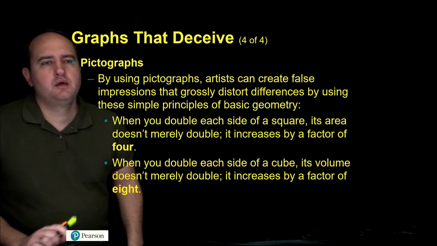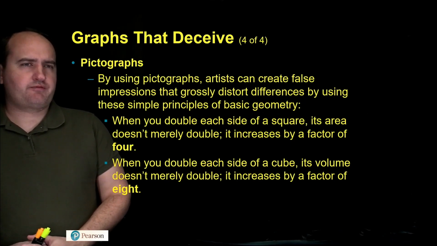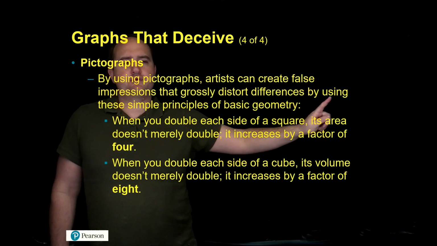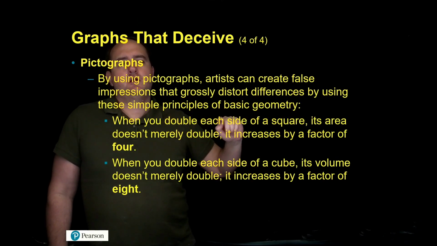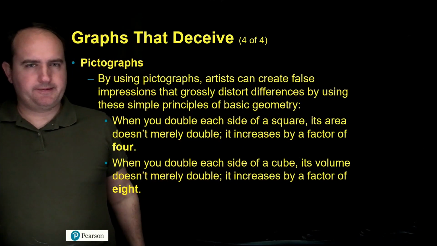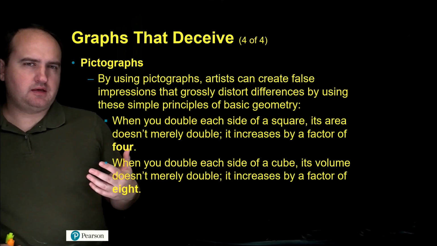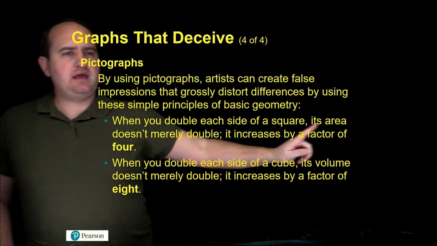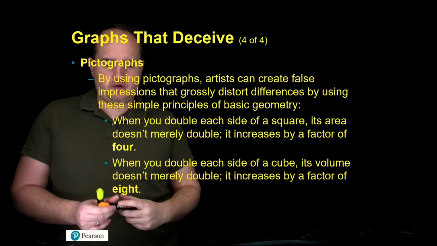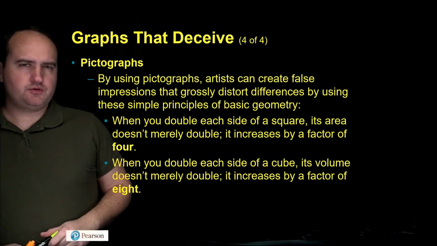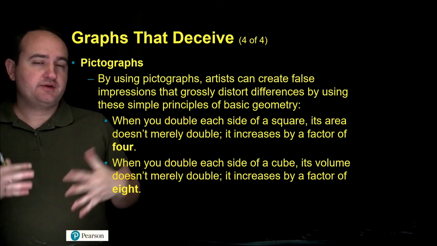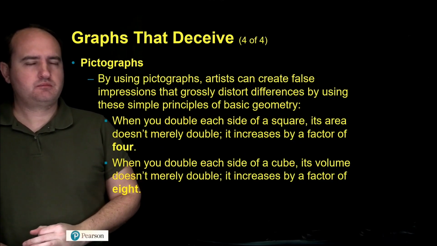So when you're using a pictograph, artists can create false impressions that grossly distort differences by using principles of basic geometry. So the issue really here with pictographs is because of the way area and volume work, they will greatly exaggerate differences between data values.